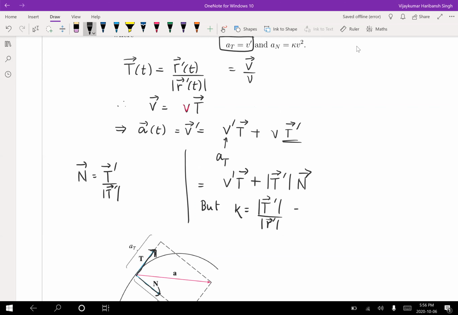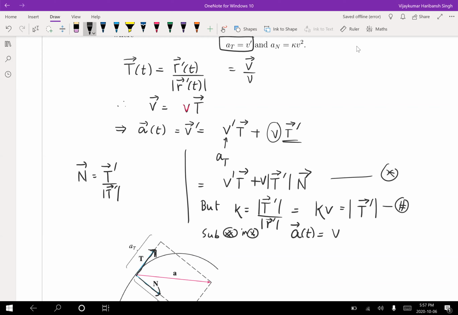That is the same as saying k times r prime, which is v, equals the length of T prime. So instead of the length of T prime, we are writing k v. Substituting in star, we get a equals v prime T plus, instead of the length of T prime, we have k v, times v, so that makes it k v square, or kappa v square, N. Sorry, we change it to normal now.